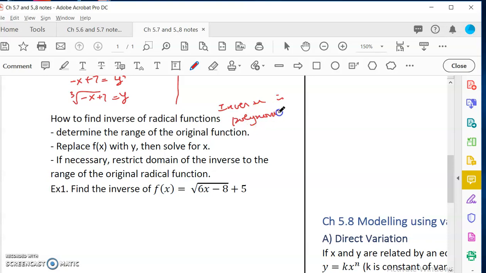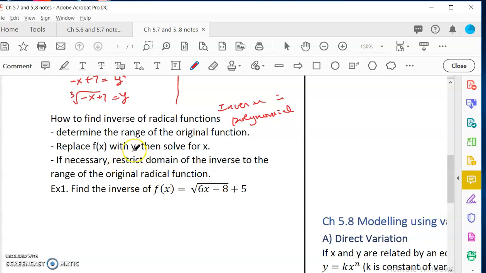Because to get rid of the radical, you square or cube or something. So the first thing you do is determine the range. Whenever you have a radical function, especially an even radical, you assume that this is always positive, right? And so positive plus 5 means the range is greater than 5. The range is greater than 5.